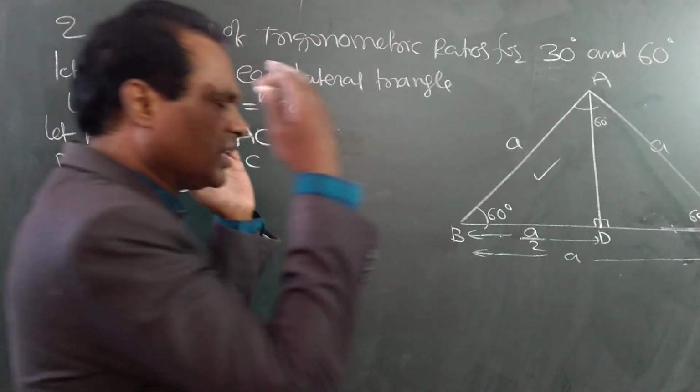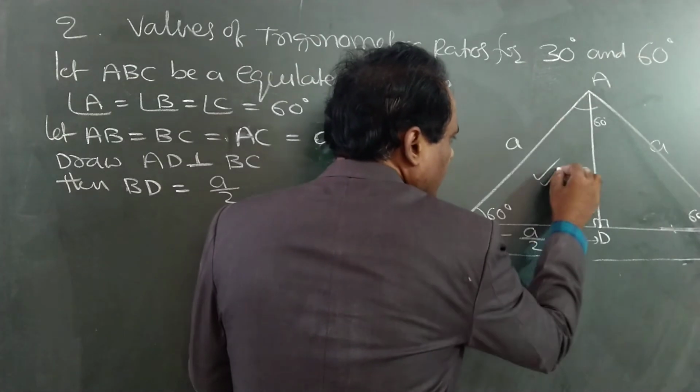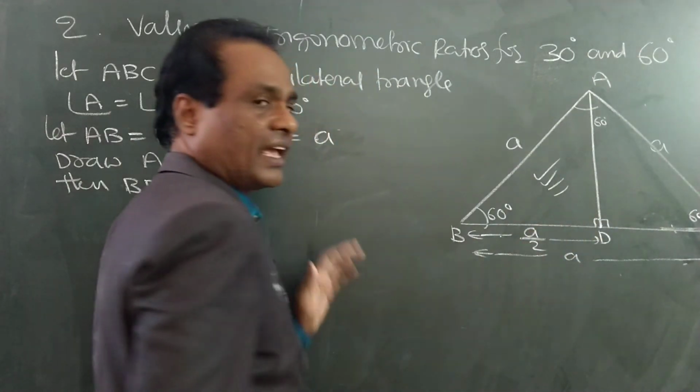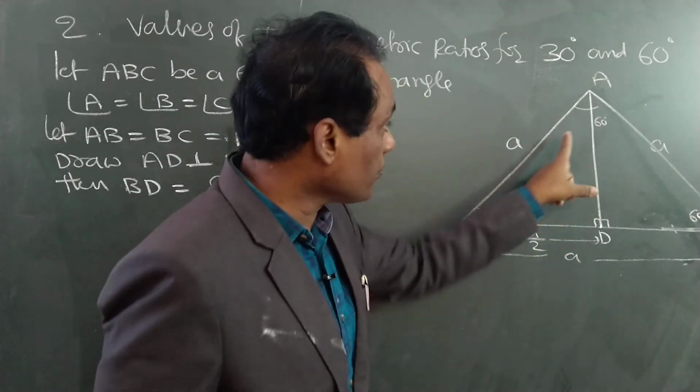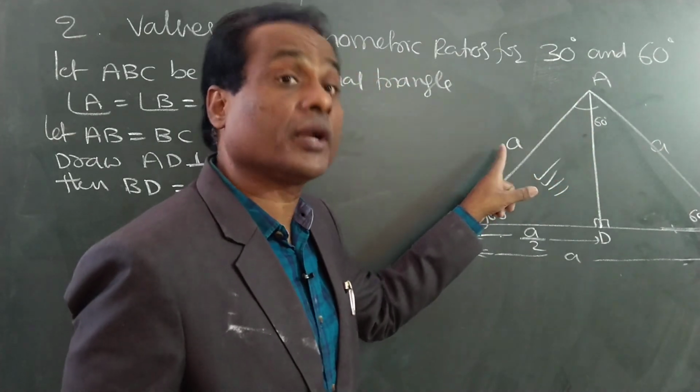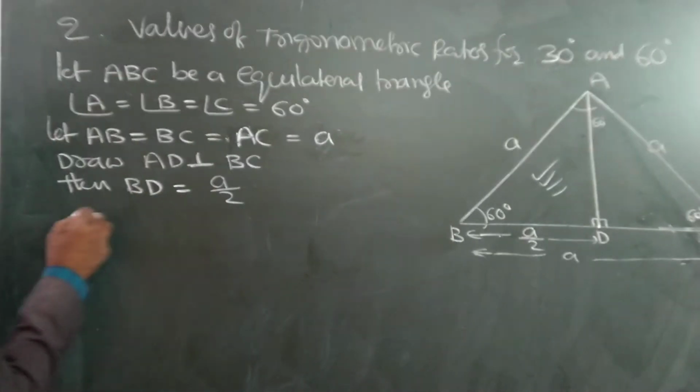Now forget about the right side figure. Consider only this triangle. I am using the Pythagoras theorem: side square plus side square is equal to hypotenuse square.